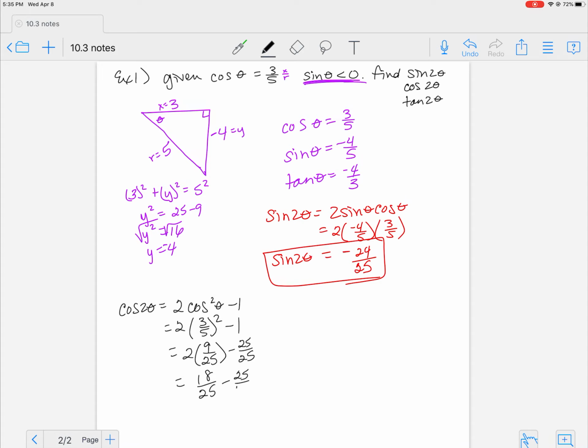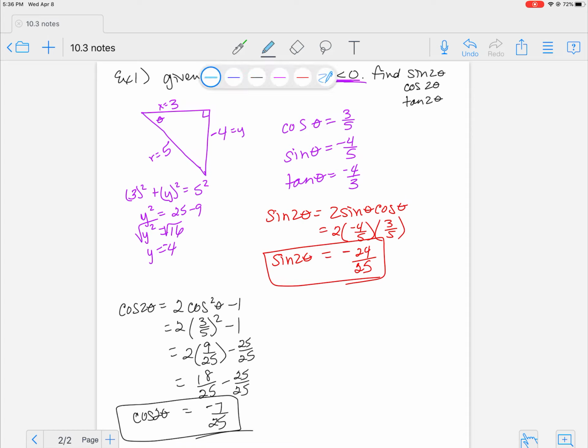So 2 times 3/5 squared minus 1. 2 times 9/25 minus, and I'm going to go ahead and get my common denominator. So I have 18/25 minus 25/25. So I know that the cosine of 2 theta is now equal to -7, right? Yeah, -7/25.